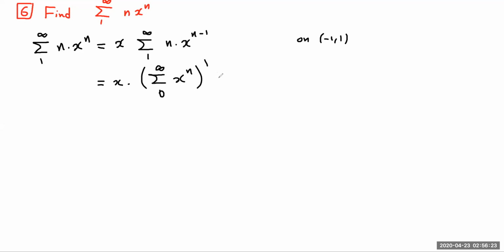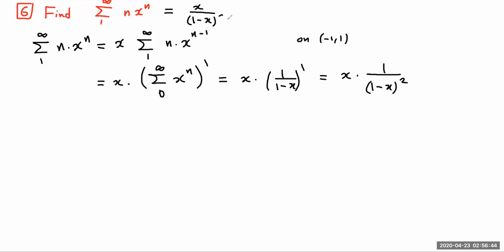Then it is equal to x times the derivative of 1 over 1 minus x, so x times 1 over (1 minus x) power 2. So the final answer of this sigma is x over (1 minus x) power 2, and this is correct on the interval minus 1, 1.